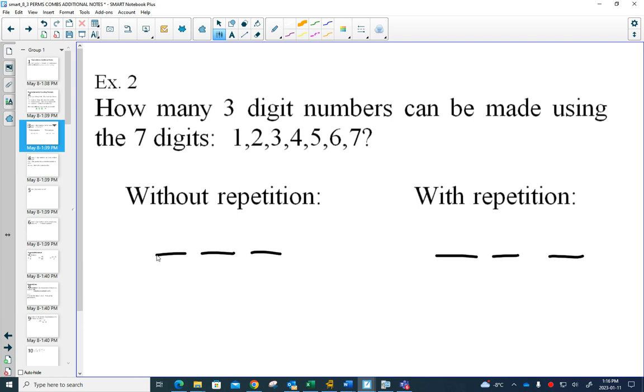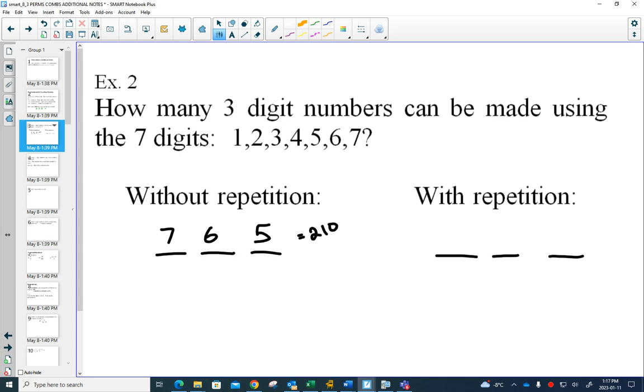Well, if I picked one of these numbers to put in the first space, does it make sense that I would have 7 choices? But once I've chosen one of those numbers, if I'm not allowed to repeat, now when I go to grab a second number, I'd have 6 left, and then 5 left after that, which would give me 210.